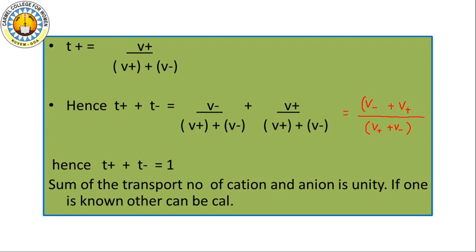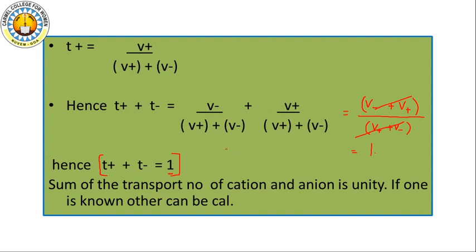So what we have in the numerator is the same as what we have in the denominator, and it will cancel out and we get 1. So the transport number of the positive ion plus the transport number of the negative ion is equal to 1. We need this formula later while doing our calculations. So the sum of the transport numbers of the cation and anion is unity.